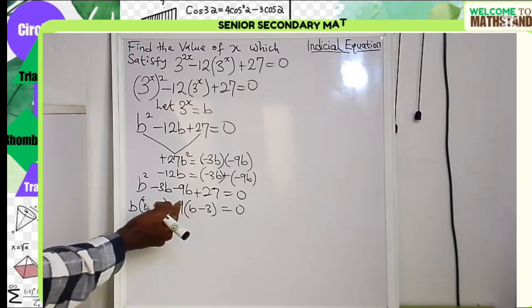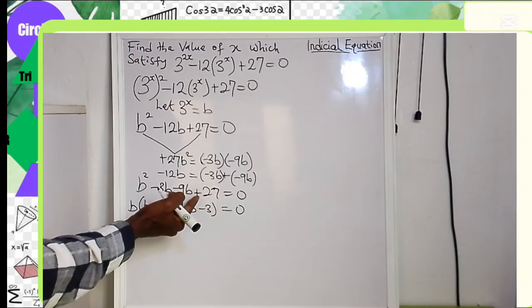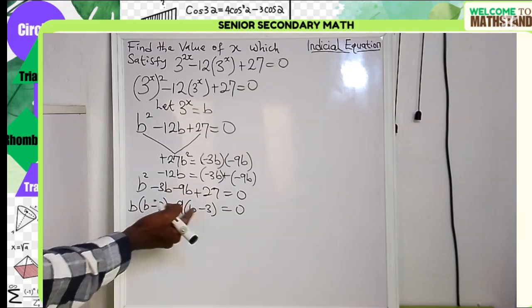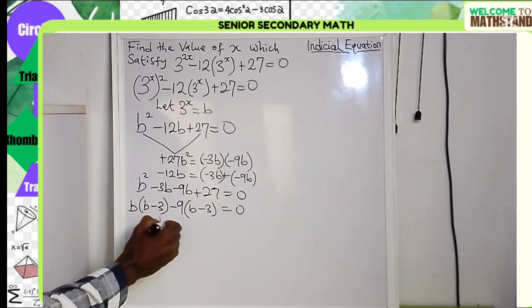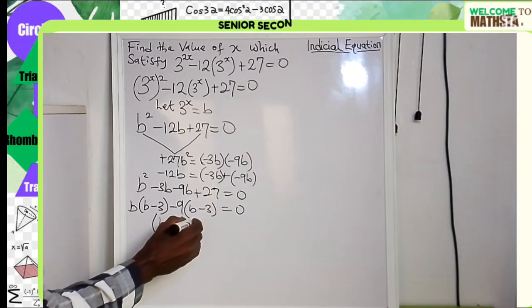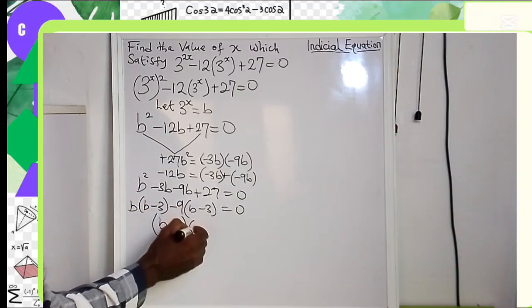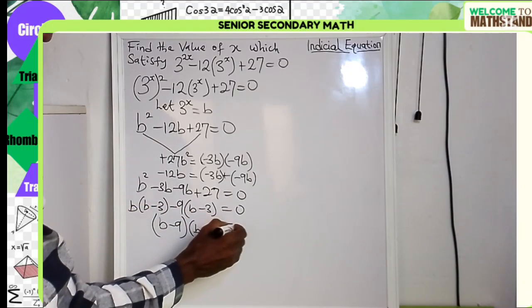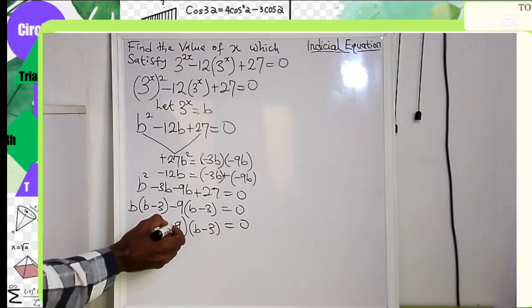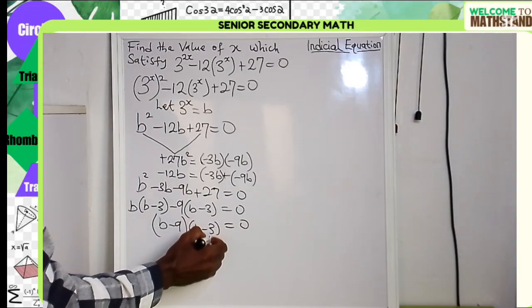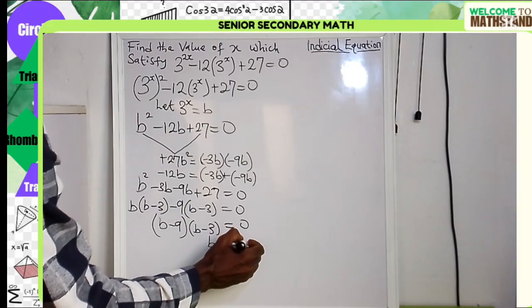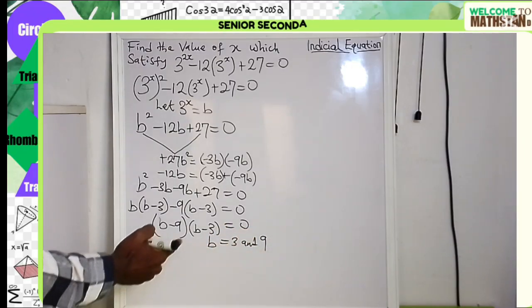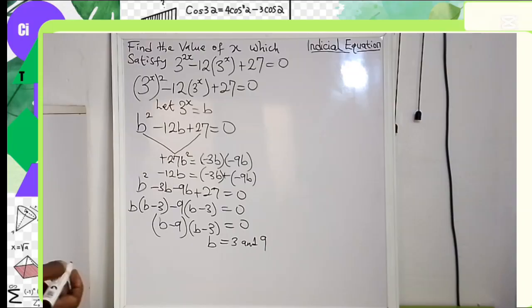Remember, minus and minus will give us plus, so you cannot bring down this. So we take the first as a factor, and here take one of the two. You can see this is minus 9, that's minus 3. Therefore, b equals 3 and 9.